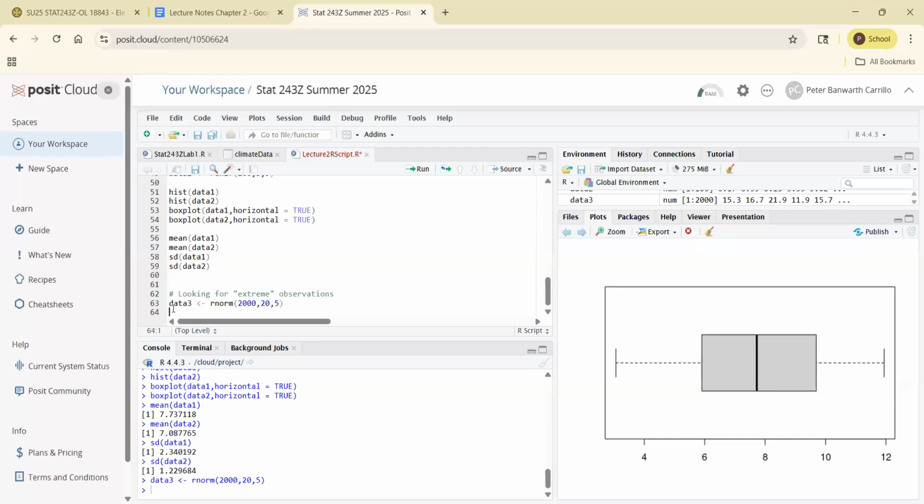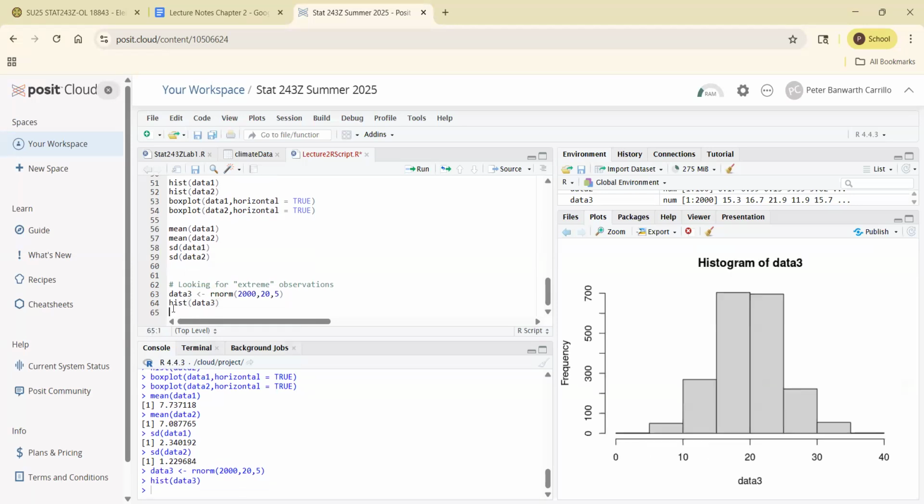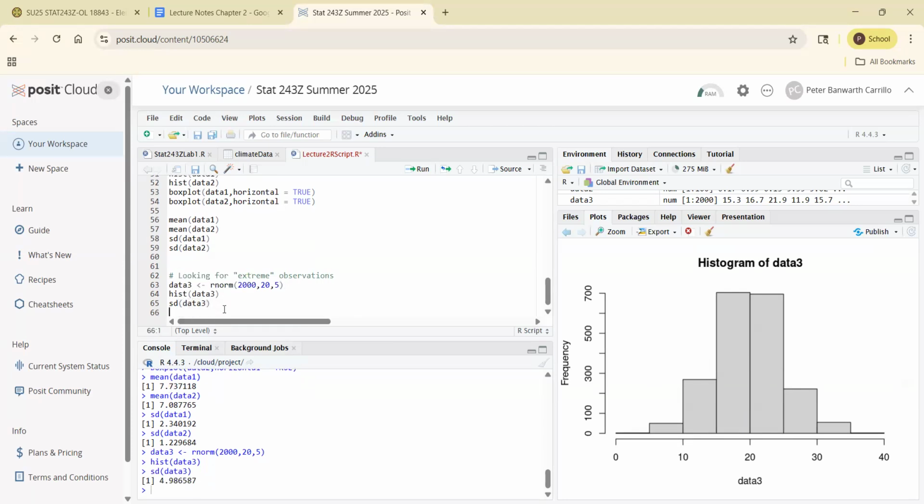So there we have our data set. Let's look at a histogram. This one's roughly bell-shaped. And the reason it's bell-shaped is I asked R to give me observations from a bell-shaped distribution. And if we look at our standard deviation, what's our standard deviation of data 3? It should be about 5.